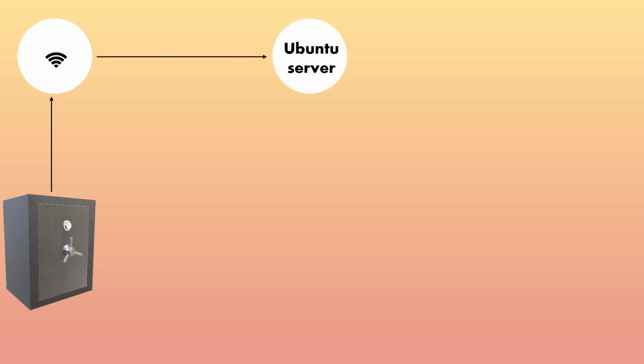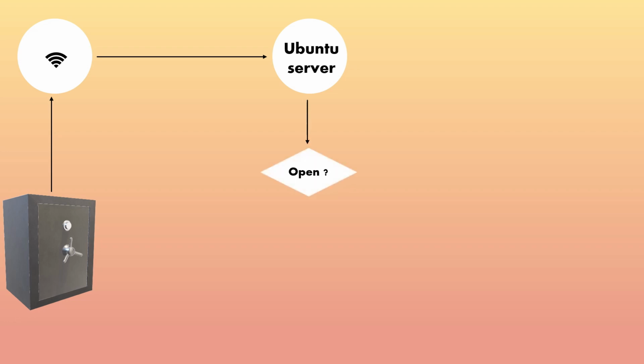So here is the block diagram of our project. Our sensor is attached to the locker's door and the door is closed. The sensor is connected to the Bolt Wi-Fi module and our module is linked with our Ubuntu server. The module gets the data from the sensor and sends it to our server.